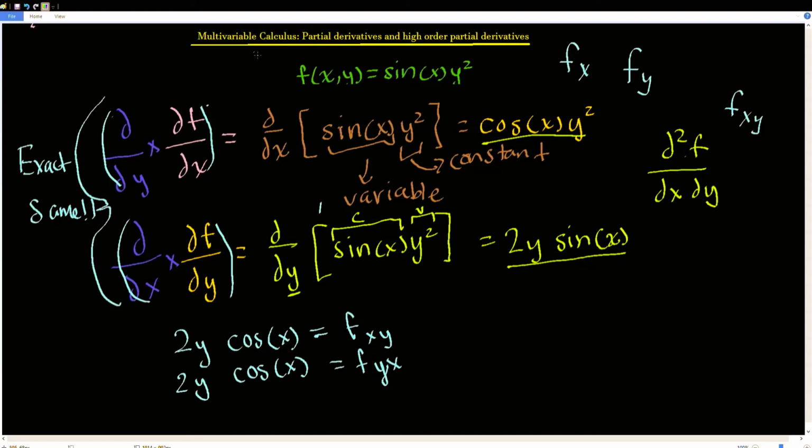But in some cases, you might have to find d squared f over dx dy, which is what we would get if we multiply these two together. So in that case, you would have to find both of them. I always consider it a good rule of thumb to find both partial of f with respect to x and partial of f with respect to y. And you can always find the derivative as many times as you want.